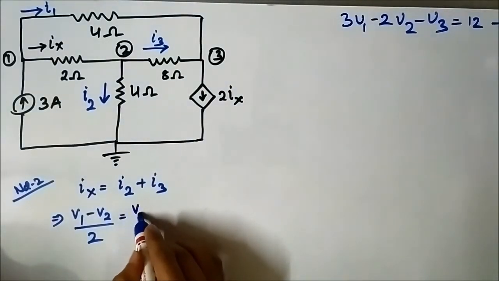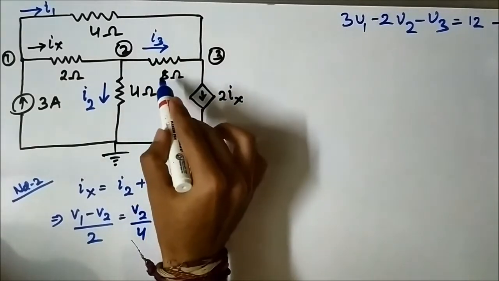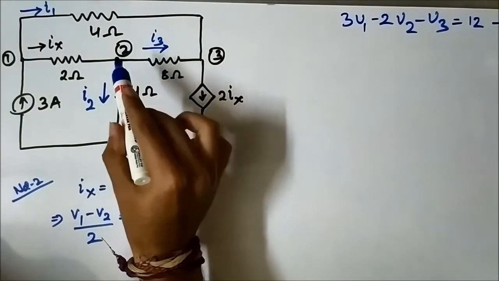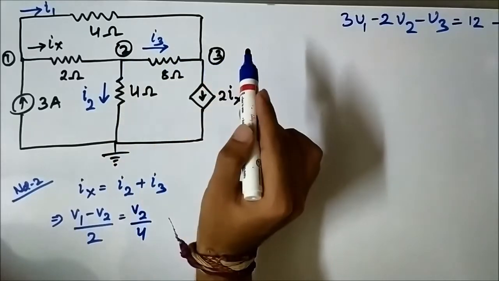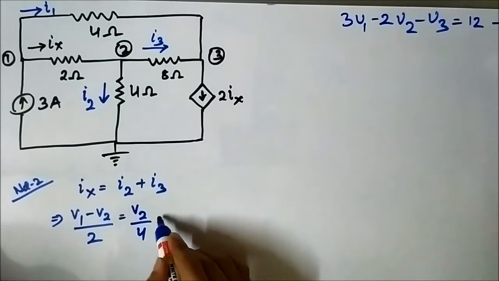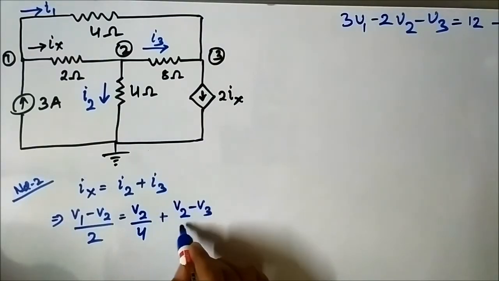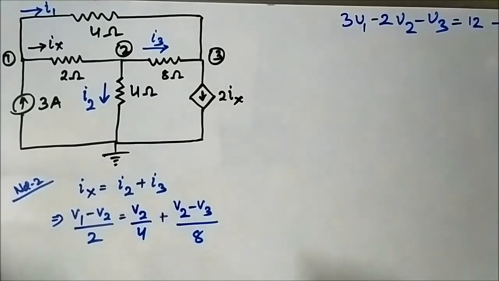Similarly, I3 is flowing from node 2 to node 3. It is V2 minus V3 by the resistance involved, which is 8. So it is V2 minus V3 by 8.